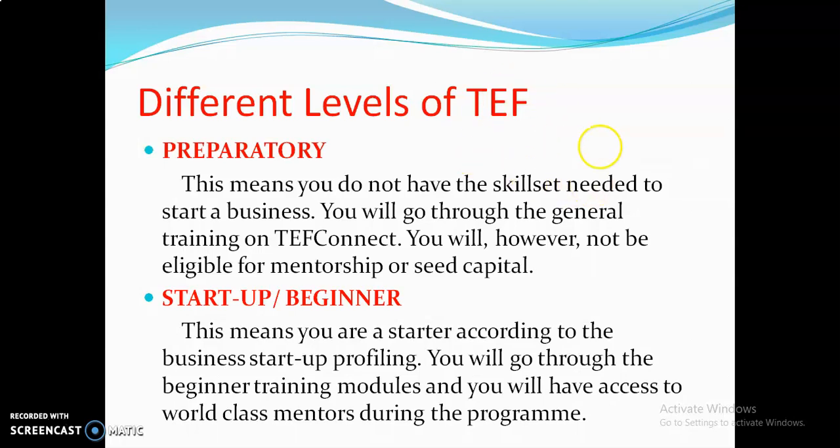Of course they won't dump you, but they would take you to a kind of training. They'll enroll you in a training on TEF Connect, to boost up those places you're lacking. However, you will not be eligible for the money, so you can't go on to compete for the money like every other person.